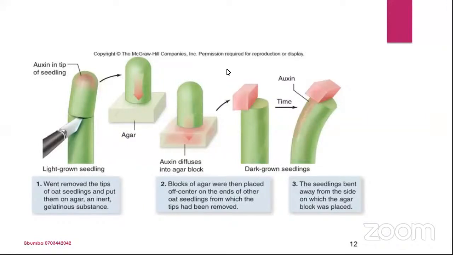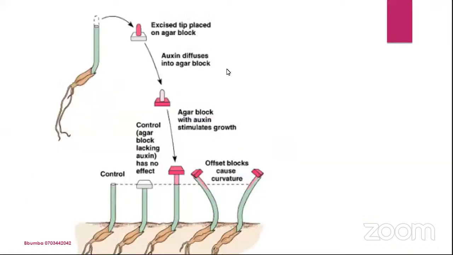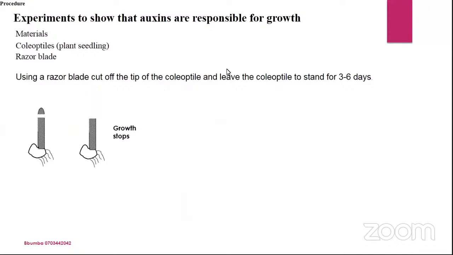Previously, if you still remember, we had ended with this thing called auxin, and it was the experiment to show that auxins are responsible for growth. And we're using coleoptiles. Coleoptiles simply means plant seedlings, those plants which are just growing from the seed.